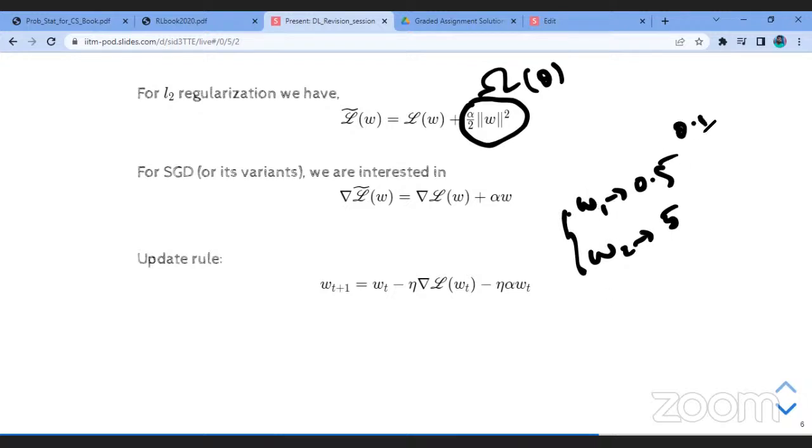If my 0.5 changes to, say, 0.4, this is a small update, but if my 5 changes to 2.5, then this is a large update.